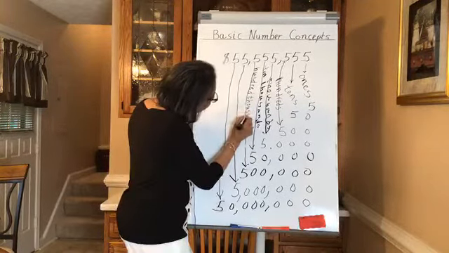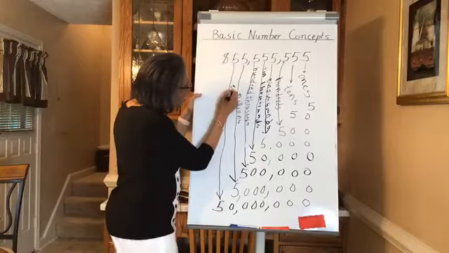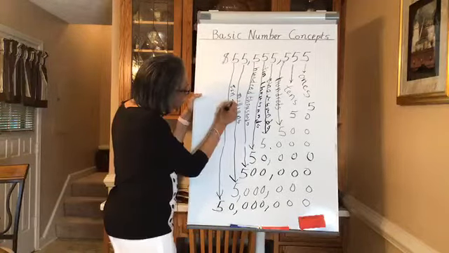Then we're through with those three. Now we're in another family, the millions family. The first one is millions, and the next one is 10 millions.